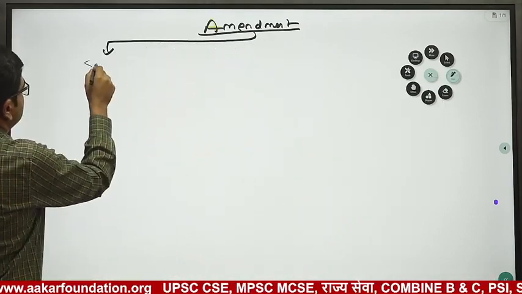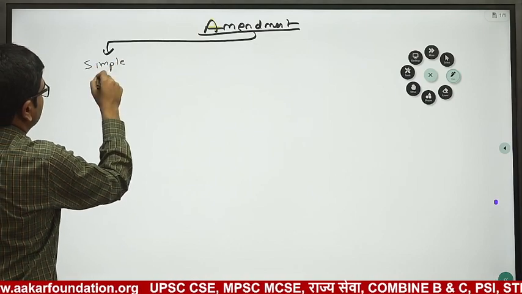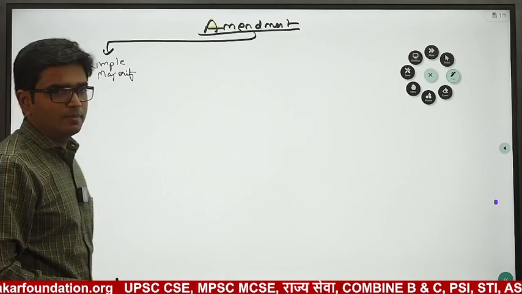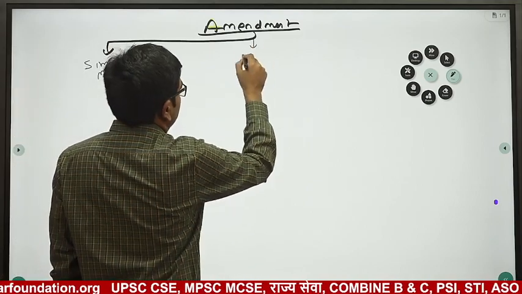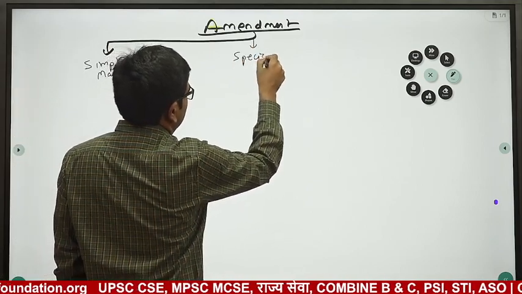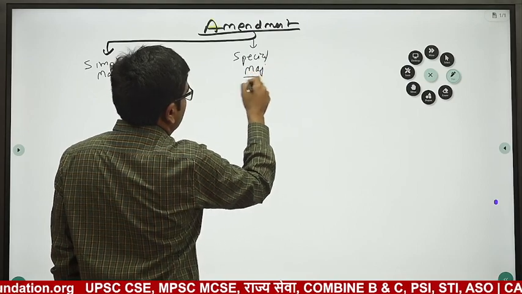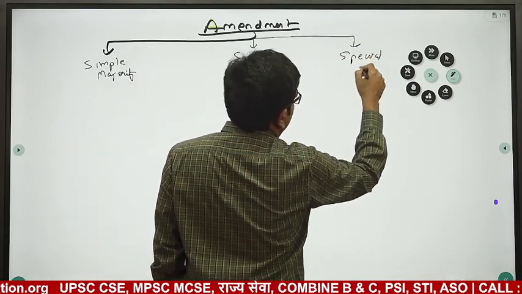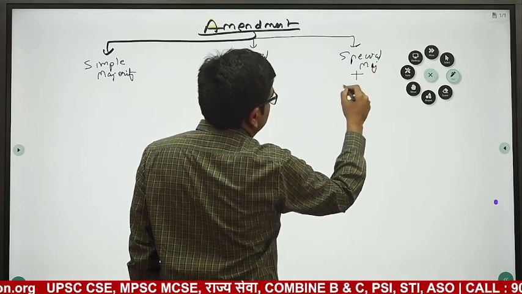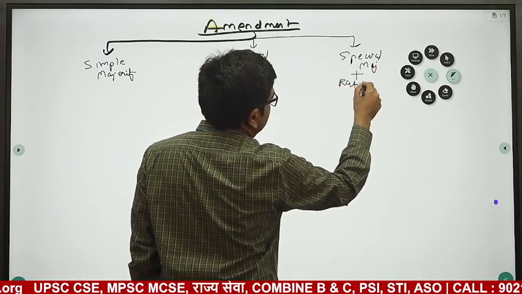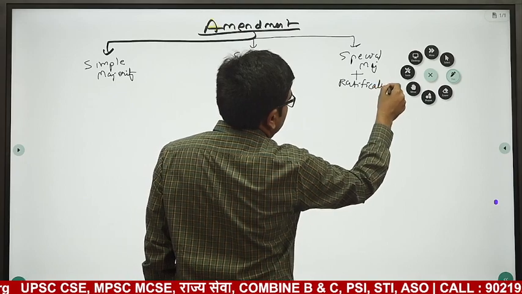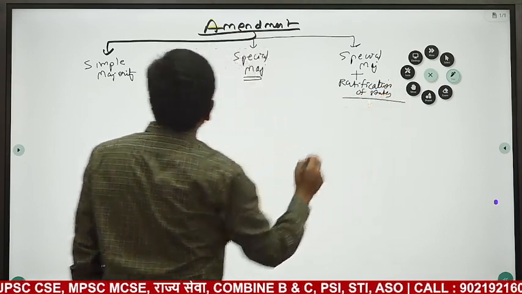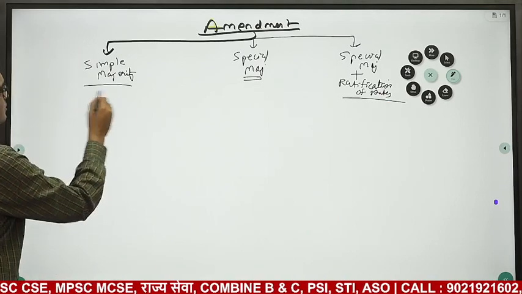First, by simple majority. Yes, there are a few things which can be done; the constitution can be amended by simple majority. Second, by special majority. And third, by special majority plus ratification of states. So there are three ways of amendment of the constitution.